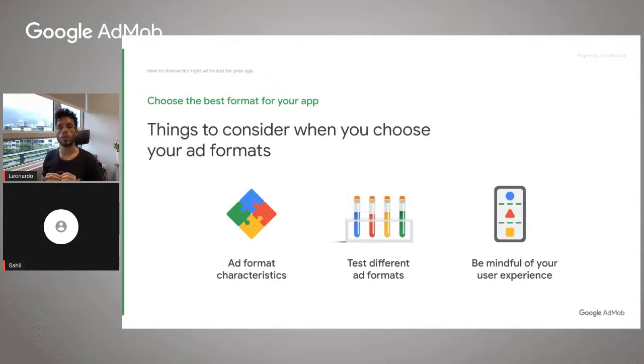Finally, make sure to respect the user experience as they are the foundation of the whole ecosystem. And one last note, eCPM is generally higher for rewarded video, rewarded interstitial ads, and of course, app open ads.